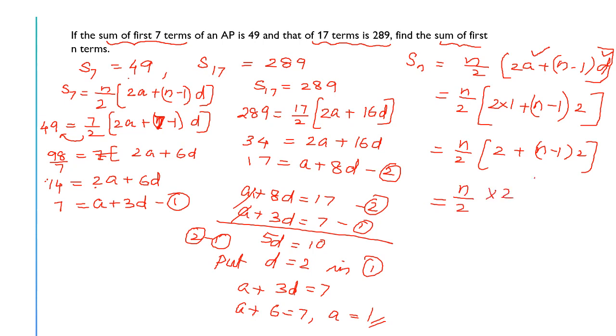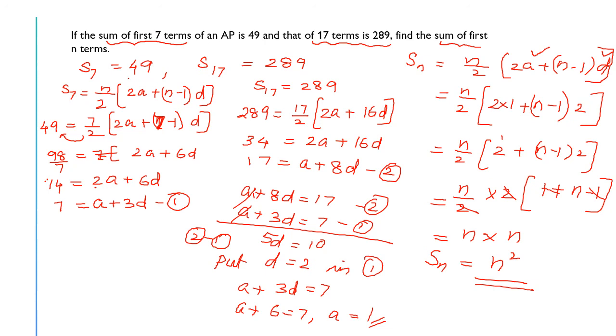N by 2 into 2 into 1 plus n minus 1. From here we are taking 2 outside, so 1 will be remaining, and n minus 1 will be remaining. Now what will you get here? These two 2's will get cancelled, so you'll get n into 1 and minus 1 will go, n into n. That is equal to n square. So Sn, the sum of n terms, is equal to n square in this case.